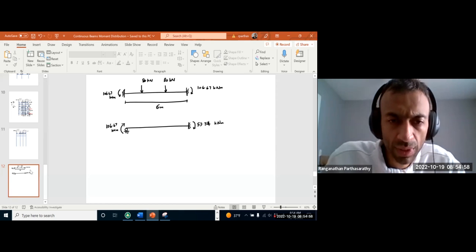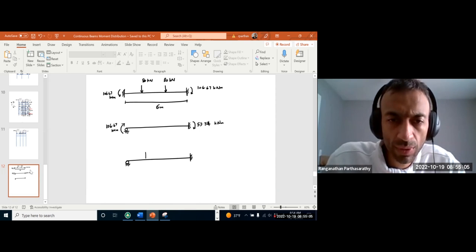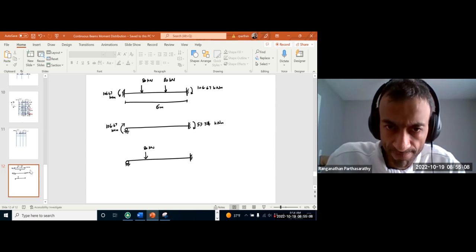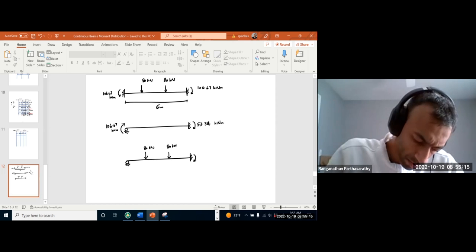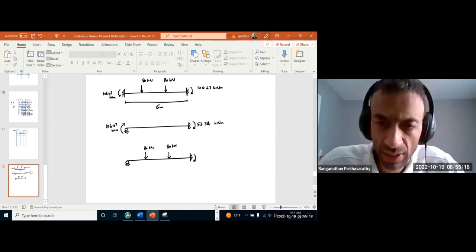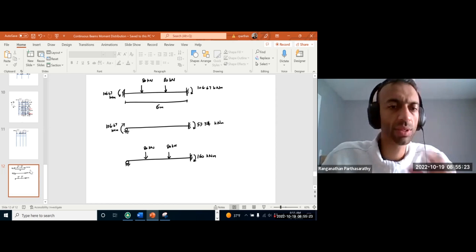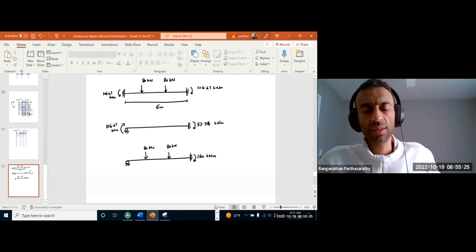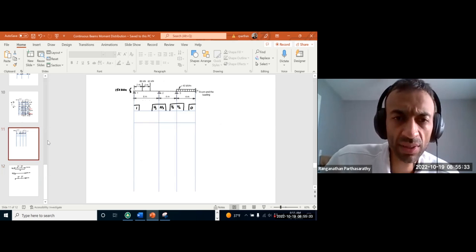Now this side is 160 and this side is nothing, no force, no movement. So this is the proper fixed end moment for us.